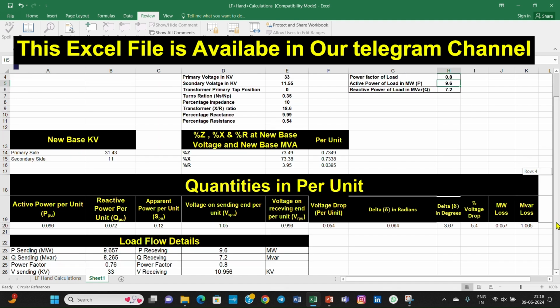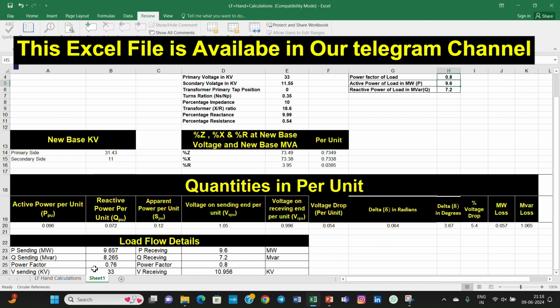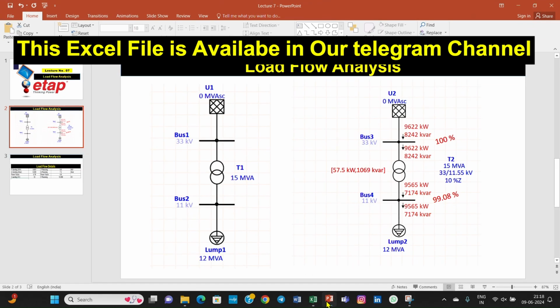Now we will see the results. The sending end power here is 9.657 megawatts. What is the sending end power ETAP is showing us? 9.622. The same goes for reactive power. Sending end reactive power is 8.26 here, and it is 8.242 in ETAP.